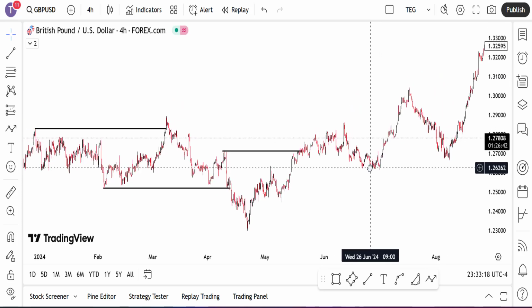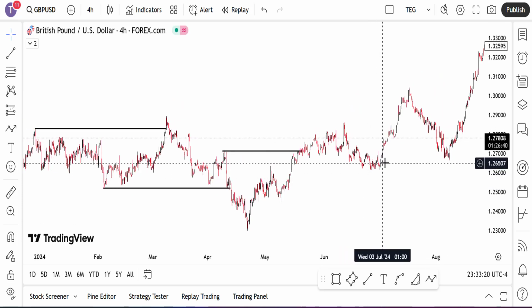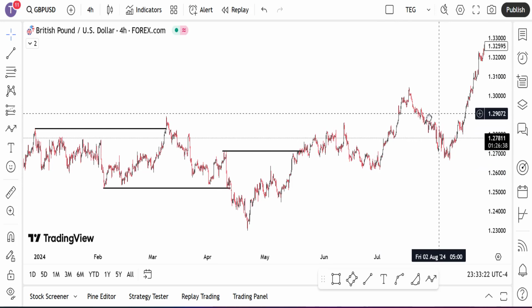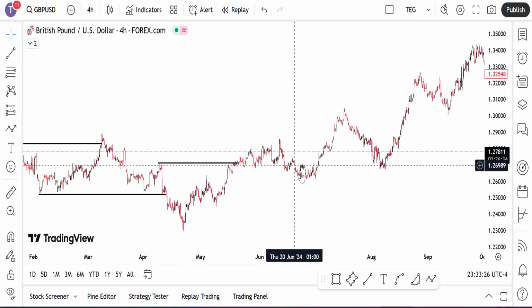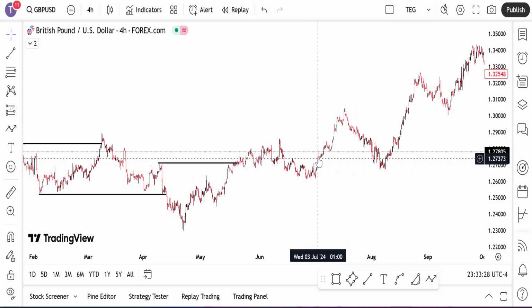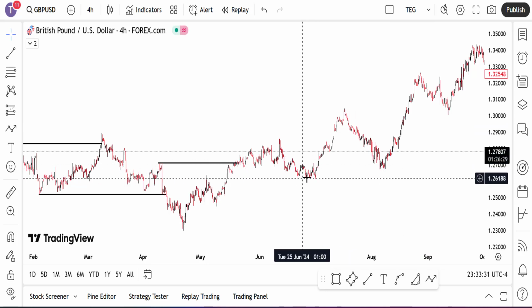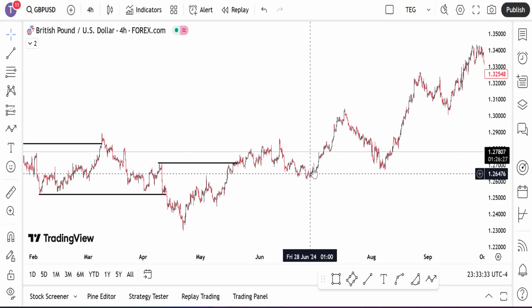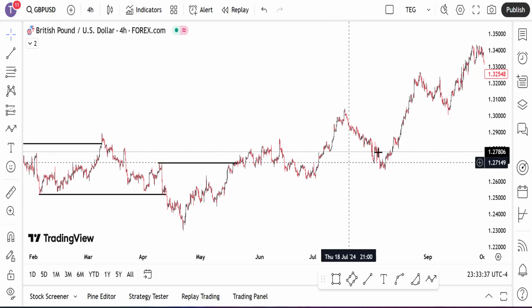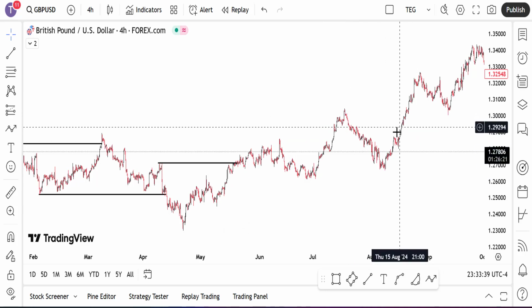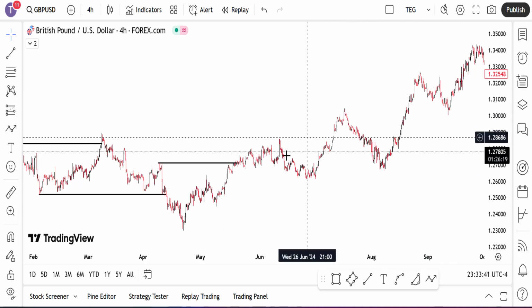However, look at what happened. Price was creating our structure. Remember, this structure is our intermittent swings. It's very simple. So these are our intermittent swings.